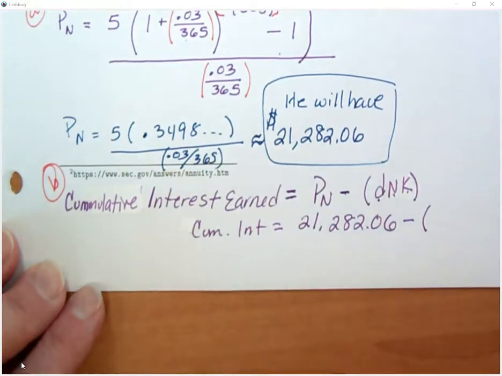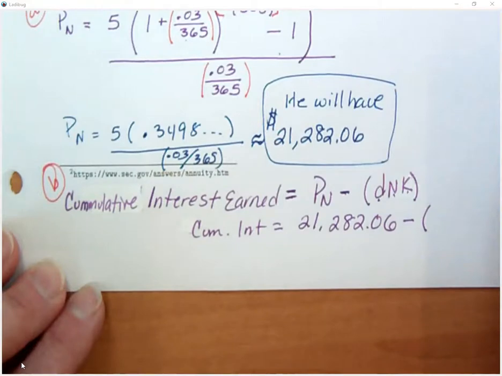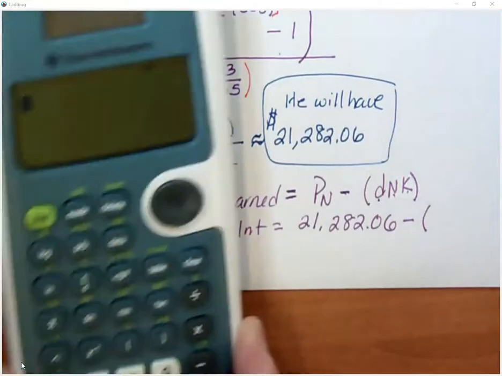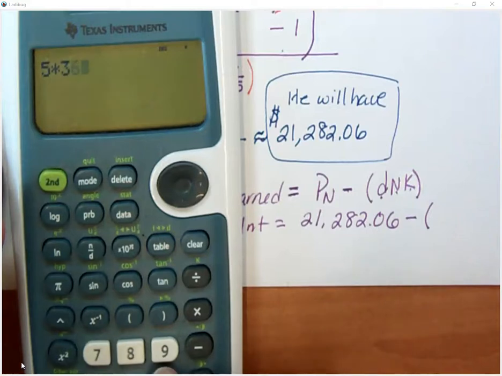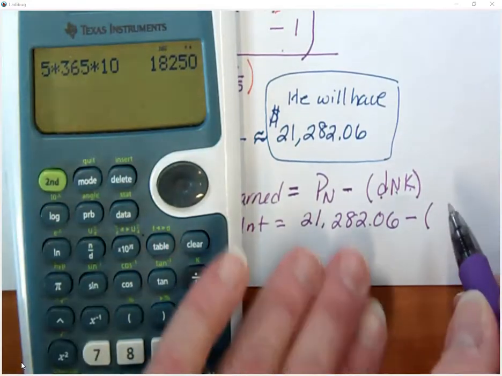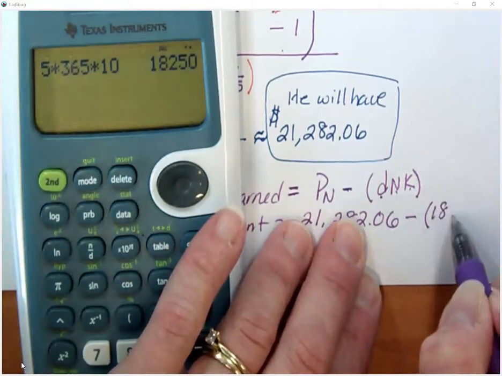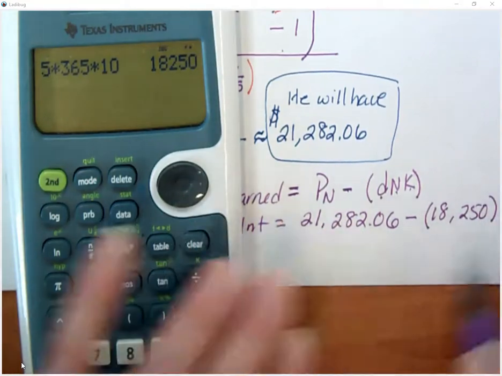So for our problem, that was $5 a day at 365. So we would end up having 5 times 365 times the 10 years. So we end up getting $18,250 was what we actually paid in.